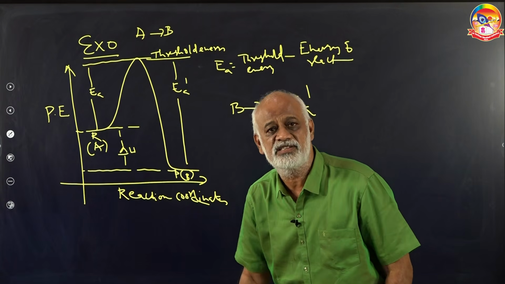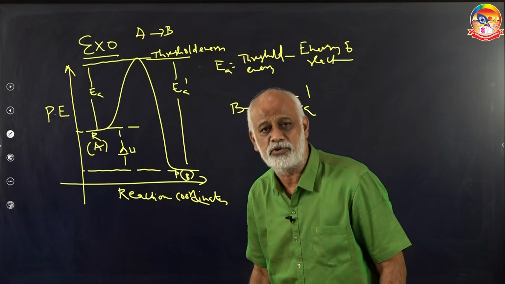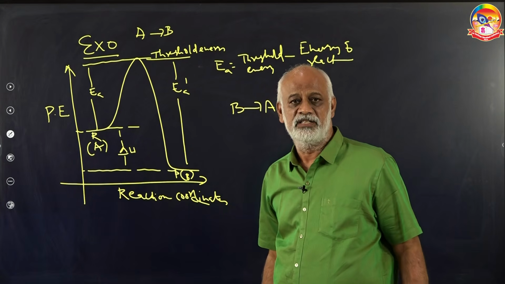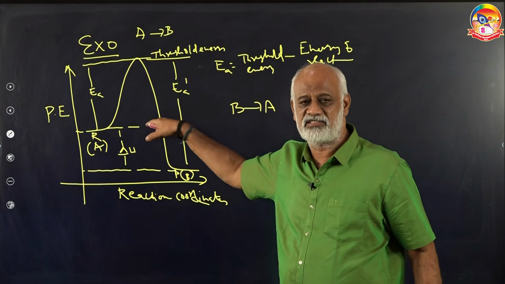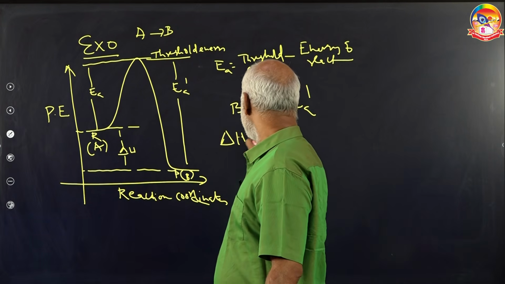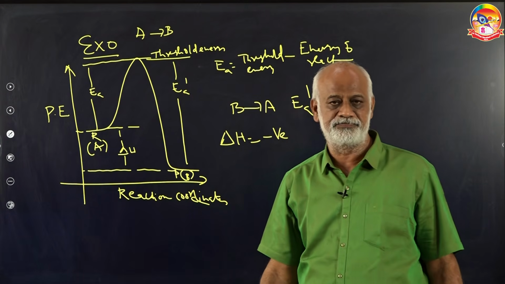When a reactant is getting converted to product and reactant has a greater energy than product, the remaining energy is lost in the form of heat. That heat liberated in this case is given as delta H, change in enthalpy, and this delta H is always negative because it is an exothermic reaction.